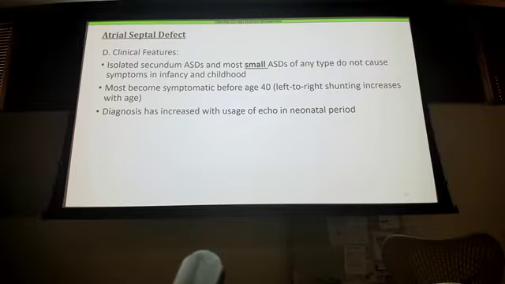So most of the time, small ASDs do not cause any problems. You're not going to have any symptoms related to this. The shunting of blood is there, but it's not an excessive amount necessarily. So they won't have any symptoms to bring to your attention that something is wrong. Okay?